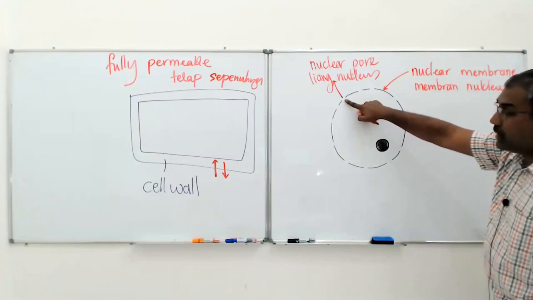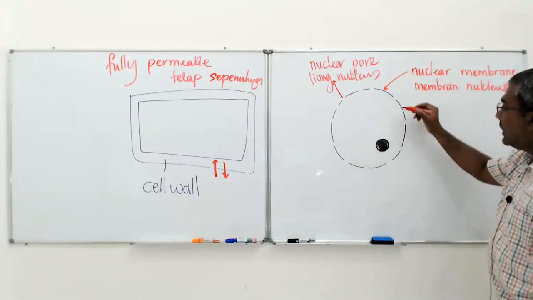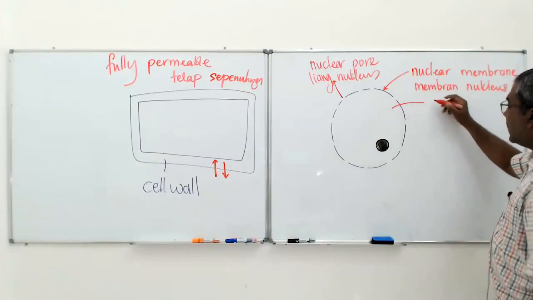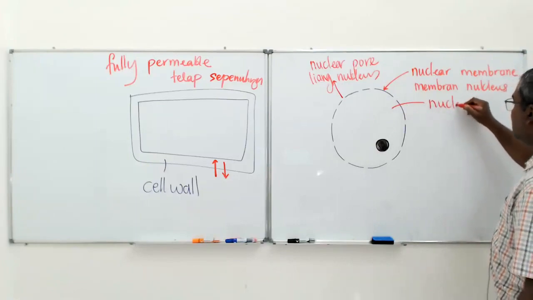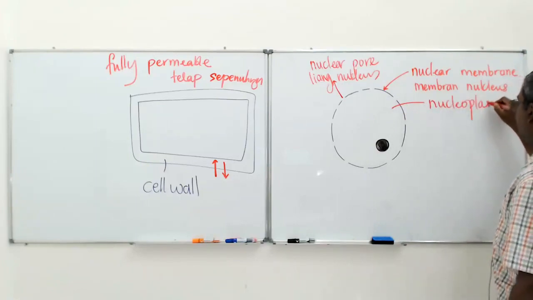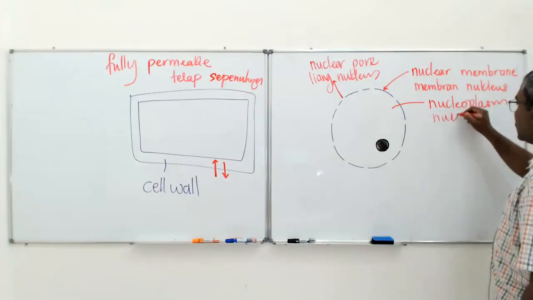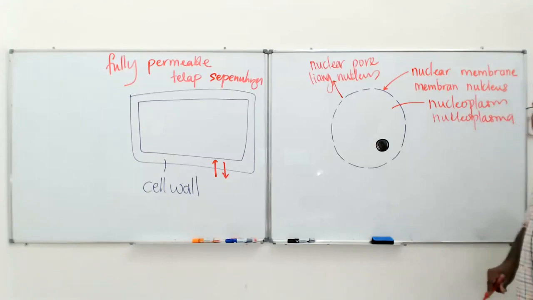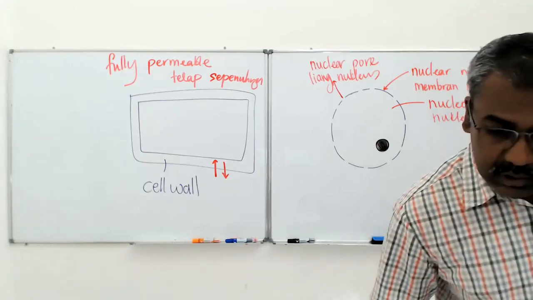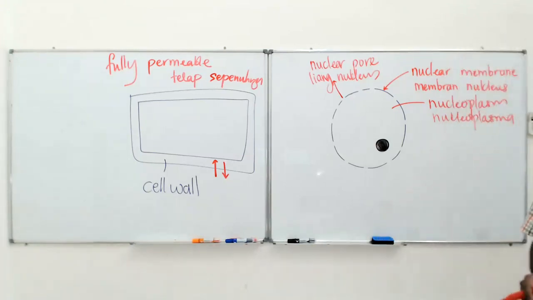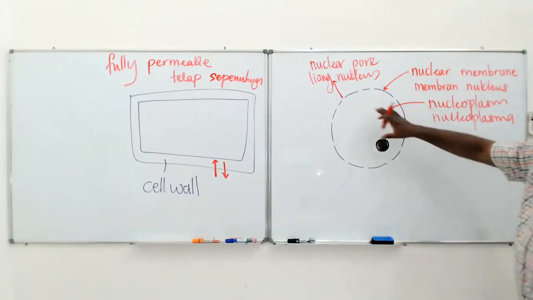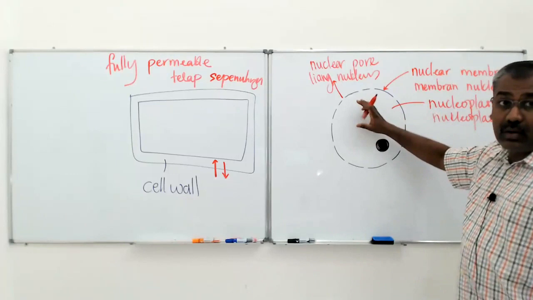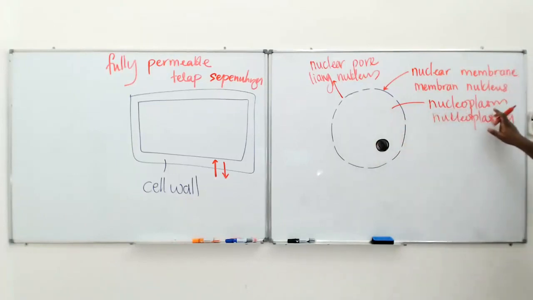Nuclear pore, liang nukleus, nama lubang ni. Yang ni kita panggil sebagai nucleoplasm, nukleoplasma. Nukleoplasm atau nukleoplasma ni contohnya macam cytoplasm yang ada dalam sel.